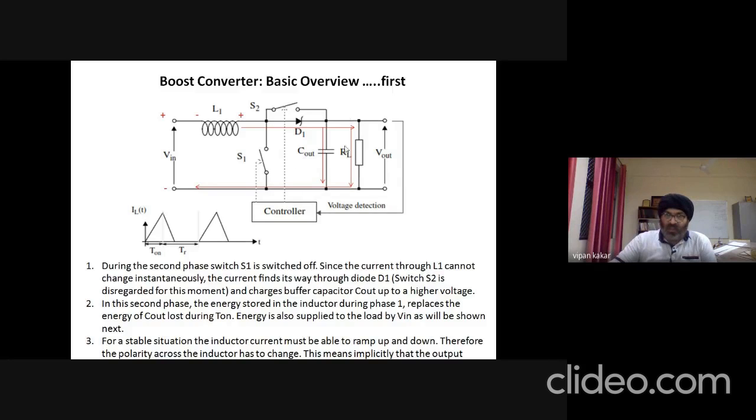So now this C out, the buffer capacitor, starts to get charged at a higher voltage.